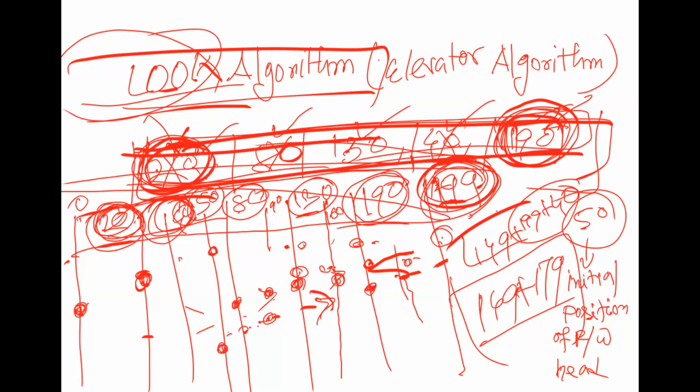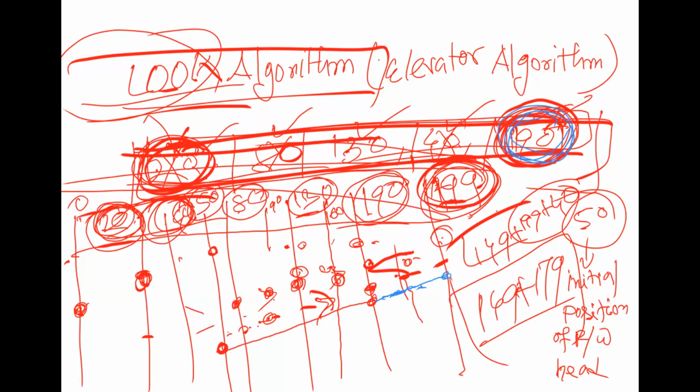Let's say its initial position is 50. It will go until 190, which is the highest track request. What will C-scan do? Scan and C-scan blindly move till the outermost cylinder, 199. If it gets any request, it will fulfill it there.